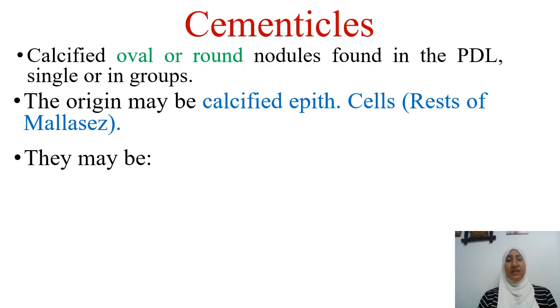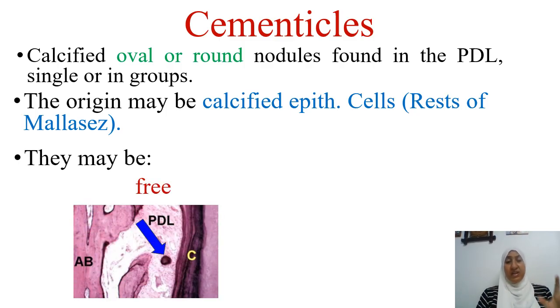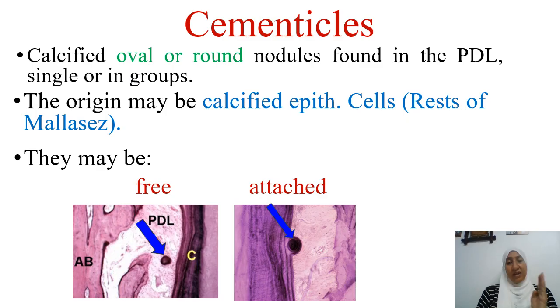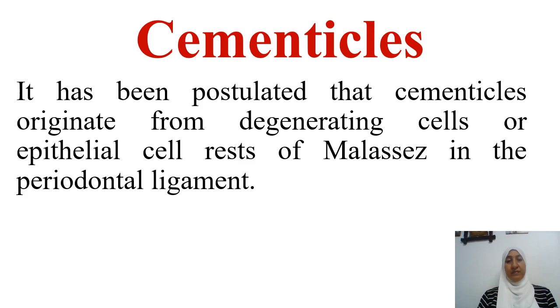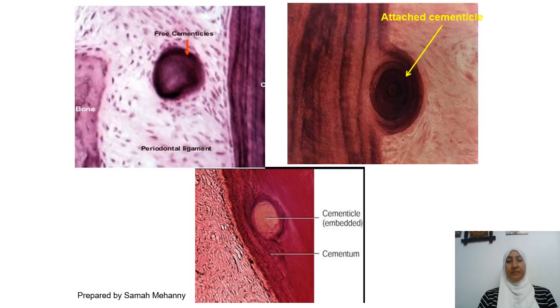Thus, these cementicles could be free in the PDL or attached to the root surface or embedded in the cementum. These are cementicles and their causes, and these histological sections show different cementicles based on their location.